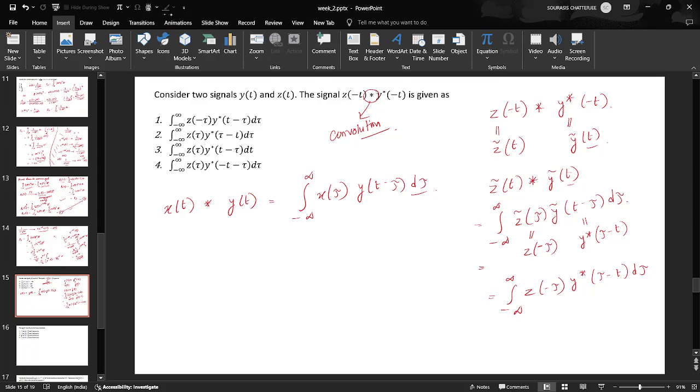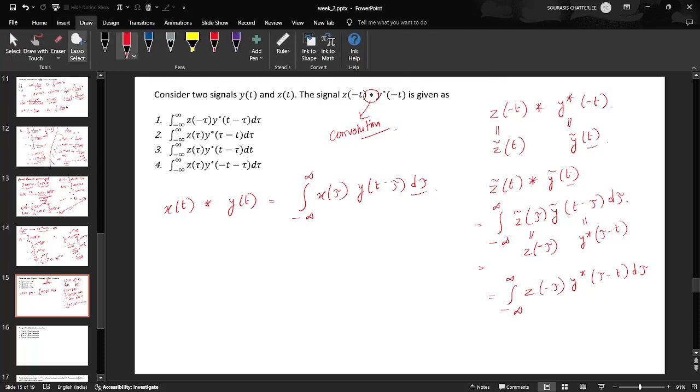Okay, I guess here I did it wrong, so it should not be tau minus t here. Here tau will remain minus only. The t sign will change, it will be minus t minus tau. So this here should be minus t minus tau.